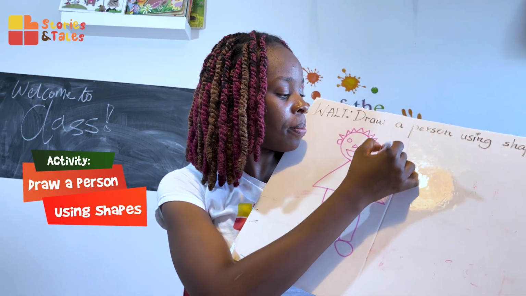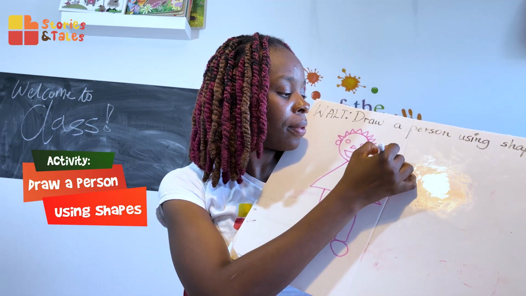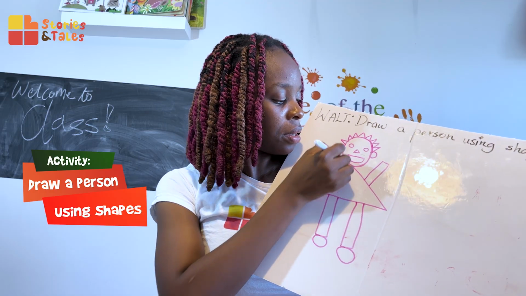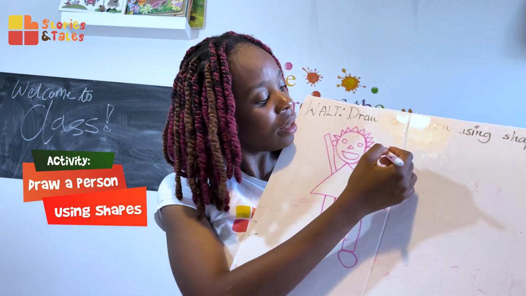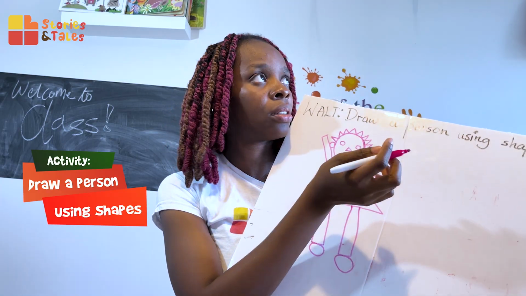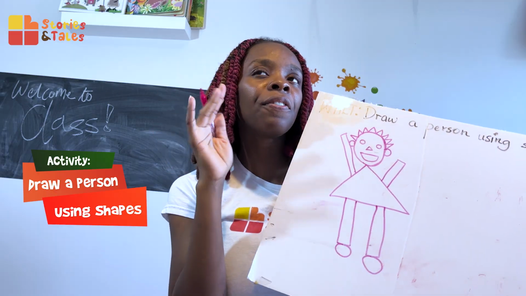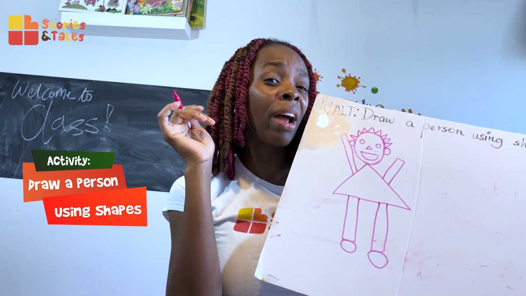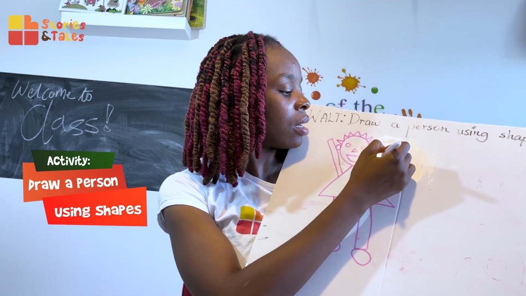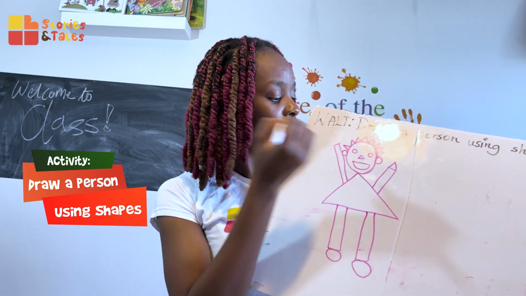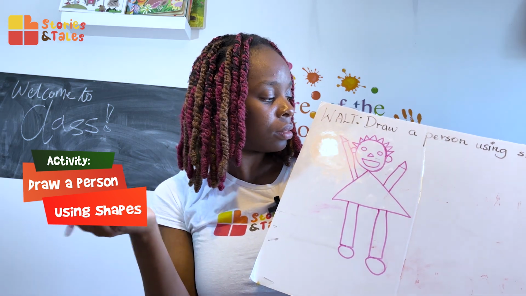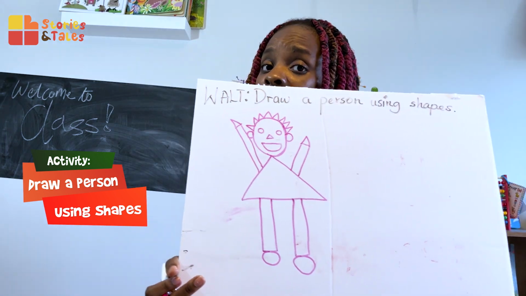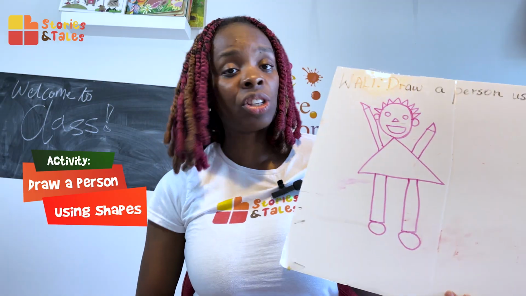We go up, up, up, up, and then for the fingers, I would like to use triangles just because circles are not appropriate for what I'm doing. So there you have it. You have a girl with shapes.